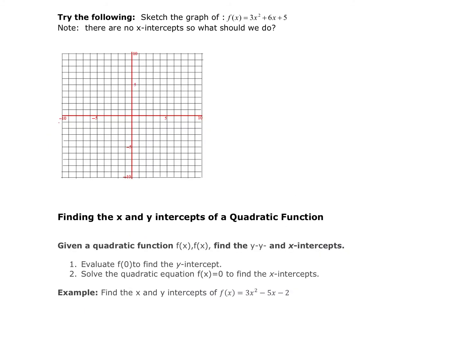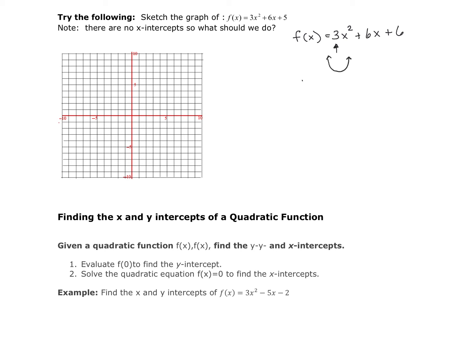In this next example, we have f of x equals 3x squared plus 6x plus 5. What I know right now from looking at this is that because the coefficient of my squared term is positive, this is going to open up.